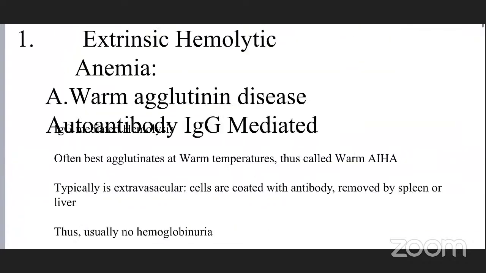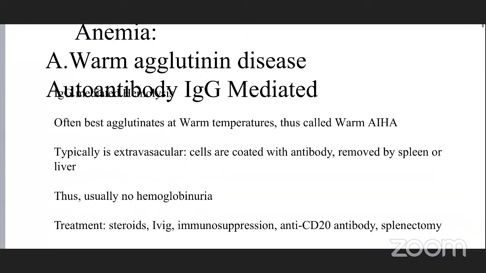Extrinsic hemolysis, which is called warm agglutinin disease, is autoantibody IgG mediated. It is warm agglutinin, and it is IgG mediated. The antibody often best agglutinates at warm temperature, and because of this it is called warm autoimmune hemolytic anemia.